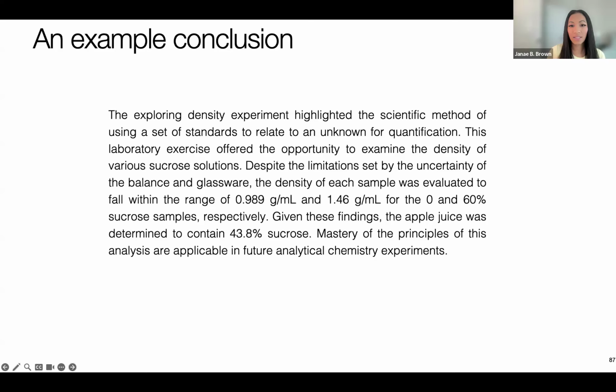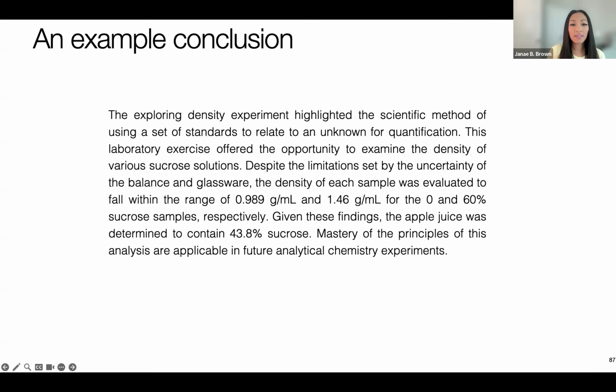Despite the limitations set by the uncertainty of the balance and glassware, the density of each sample was evaluated to fall within the range of 0.989 grams per milliliter and 1.46 grams per milliliter for the 0 and 60% sucrose samples, respectively. Given these findings, the apple juice was determined to contain 43.8% sucrose. Mastery of the principles in this analysis are applicable in future analytical chemistry experiments.